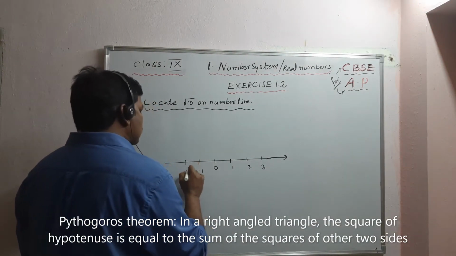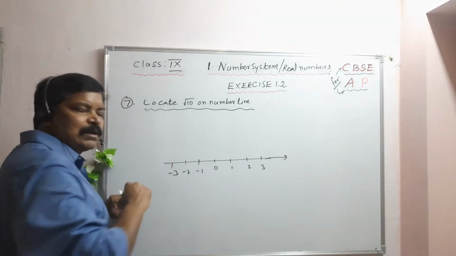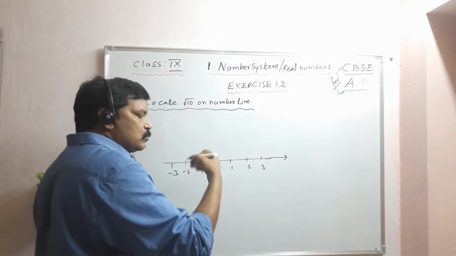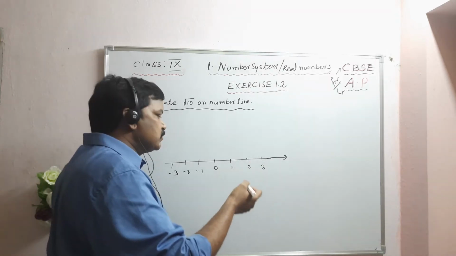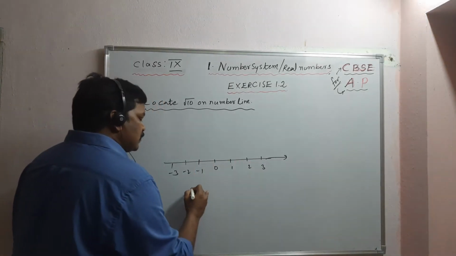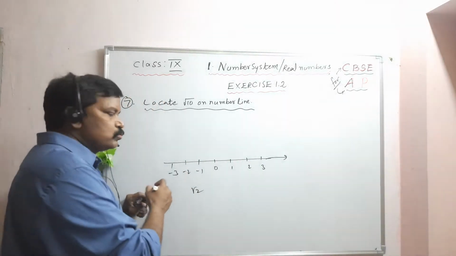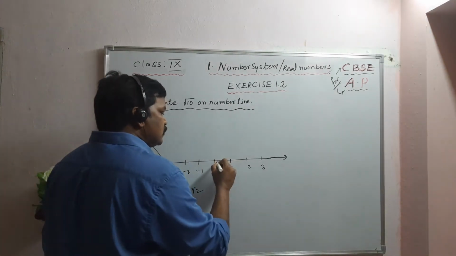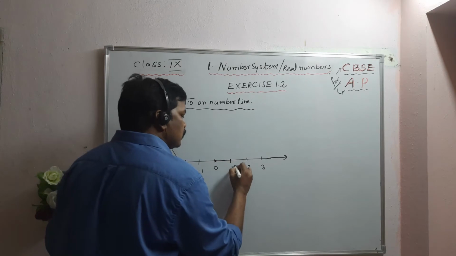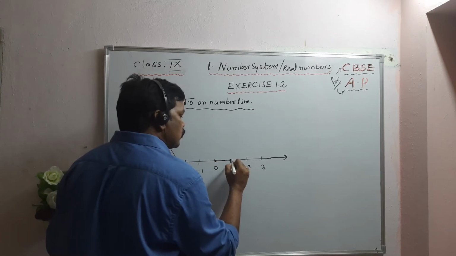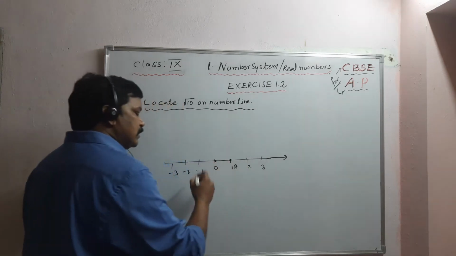Here -1, -2, -3. This is the number line. See how you locate an irrational number on the number line. For example, to locate root 2, we start from here. So this is OA. This first point, let it be OA.